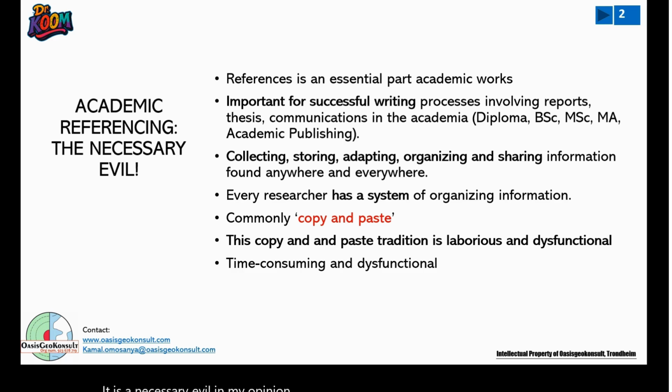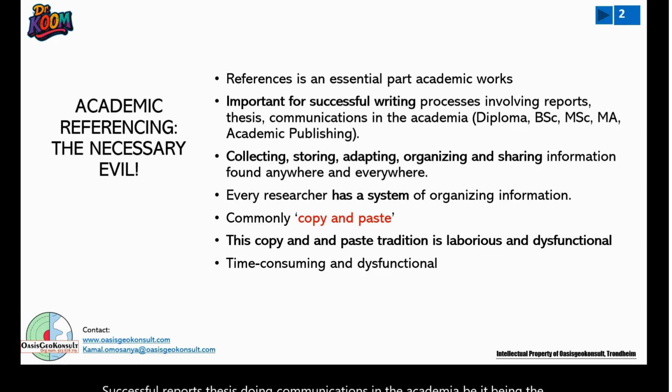And when you do references, they are very important for writing successful reports, theses, doing communications in the academia, be it a PhD, a bachelor's, MA, or even for academic publishing in general.